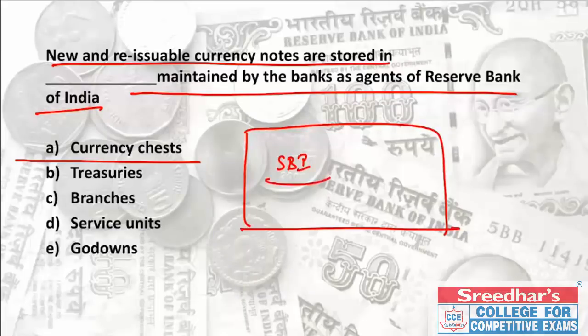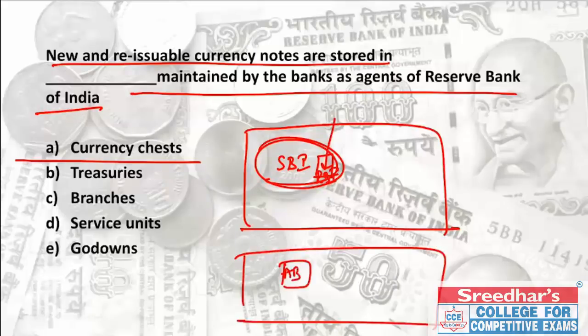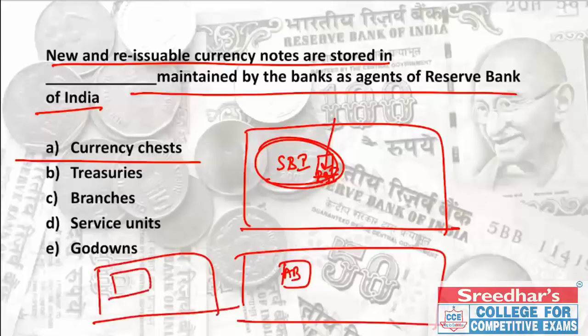If it has a larger market, SBI will manage a currency chest in its premises for RBI. In some other place it can be Andhra Bank, in some other place it can be Indian Bank. So it is generally public sector banks only. These banks maintain currency chests and work as agents of RBI in that area. So they are answerable to RBI.